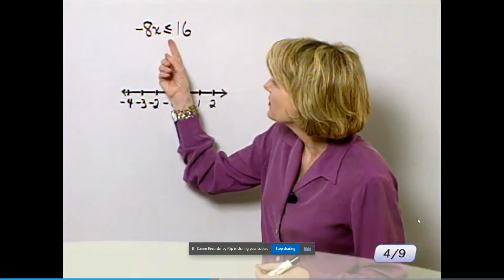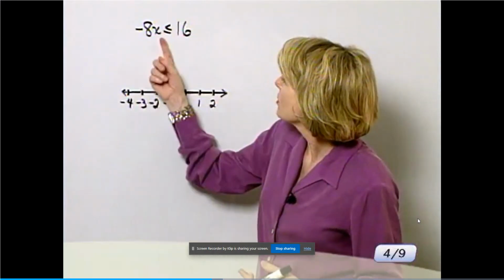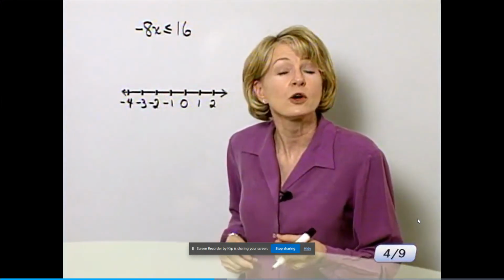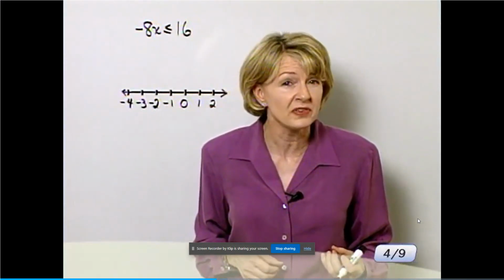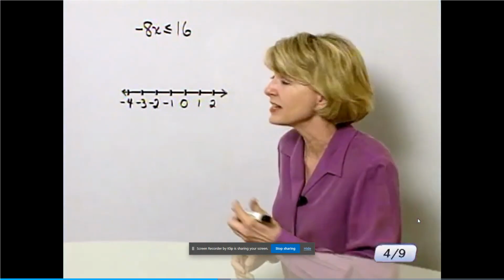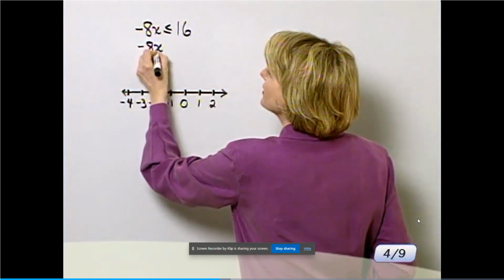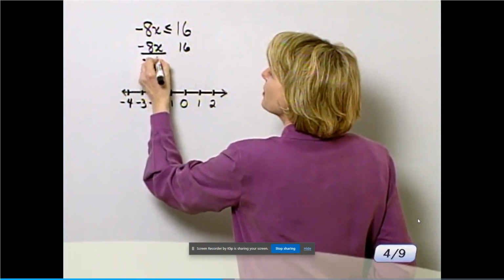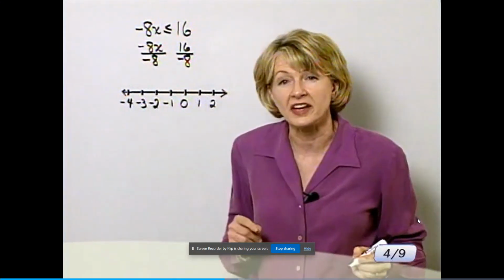I'd like to solve this linear inequality in one variable. To solve this, we want x by itself on one side of the inequality. So I will divide both sides of this inequality by the coefficient of x, which happens to be a negative number. So here's the left side, here's the right side. I'll divide the left side by the coefficient of x and the right side by the coefficient of x.